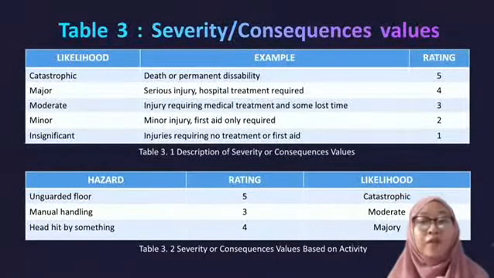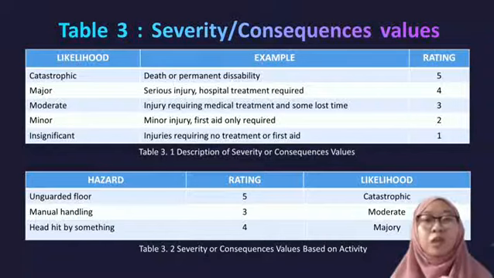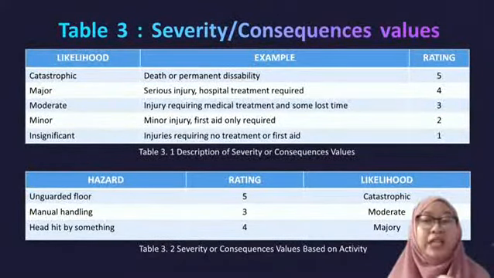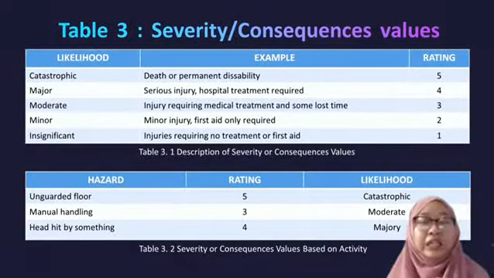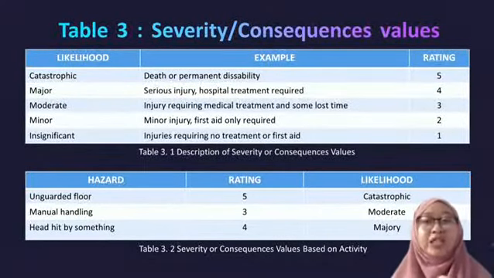So when somebody falls from the extreme high place, it can cause death or permanent disability. Second is manual handling, the rating is 3 or moderate. So when somebody gets hit on the feet or hand, it needs medical treatment and some lost time.